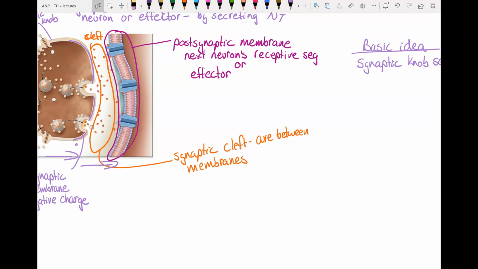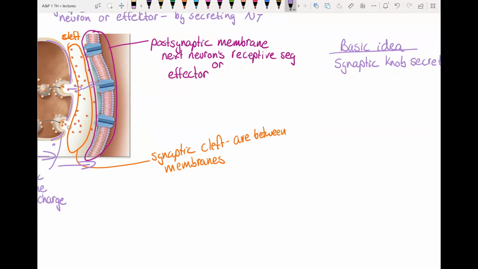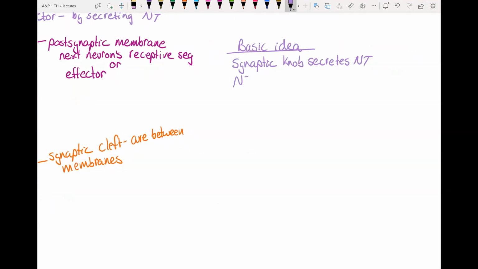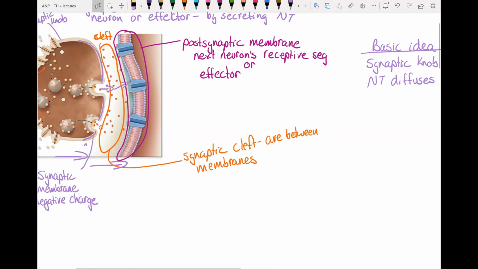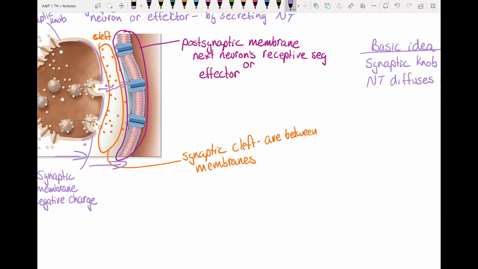These little red triangles are the neurotransmitter. The neurotransmitter diffuses across the cleft and then it binds to receptors. So these blue things here are ligand gates.